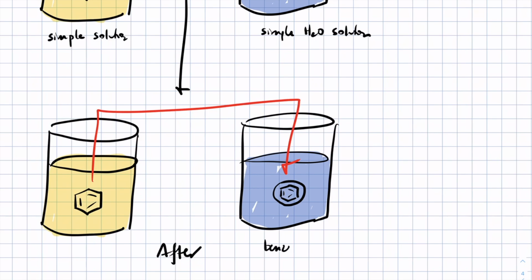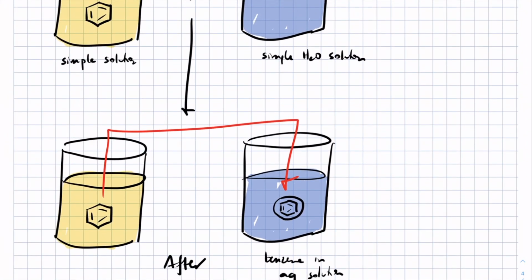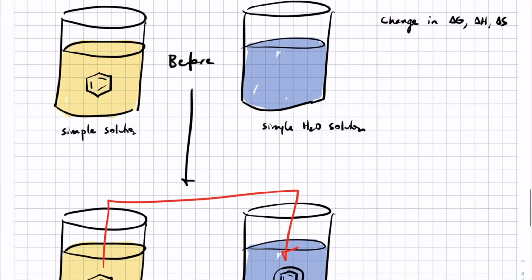So you've got benzene in aqueous solution. All right. So I'm trying to figure out how to explain this because it's complicated and I always get it wrong, and so I'm anxious to not get it wrong.